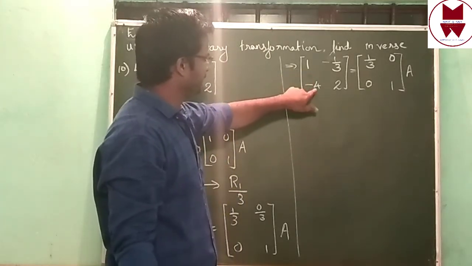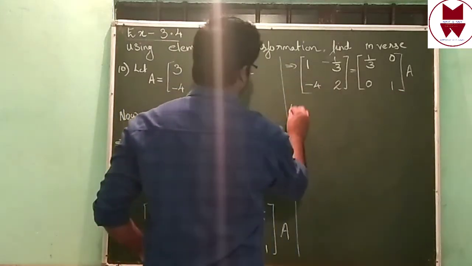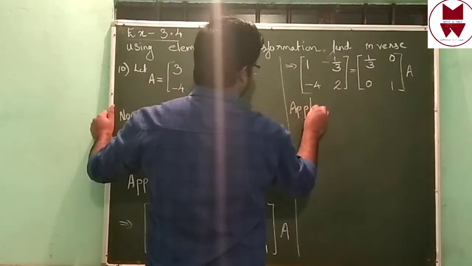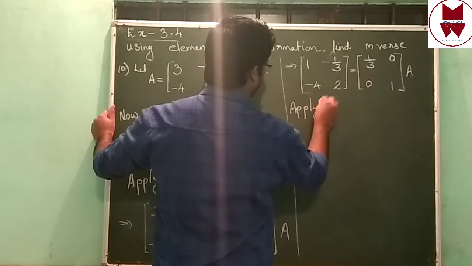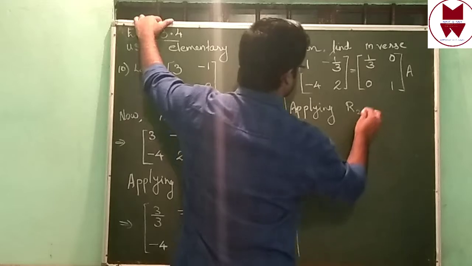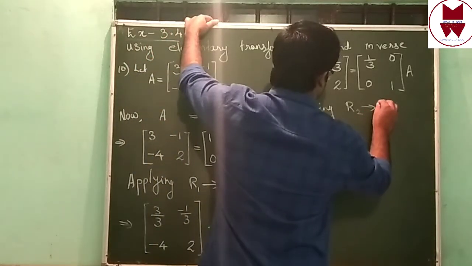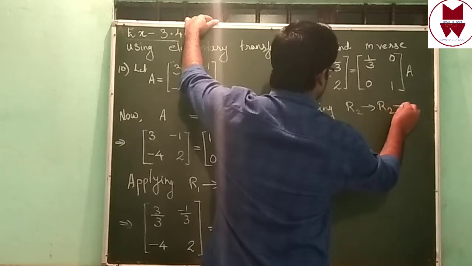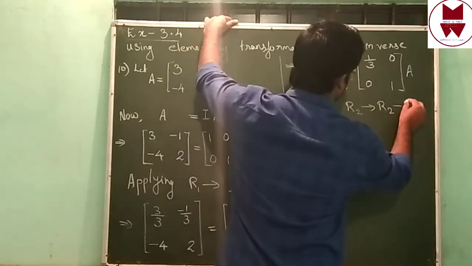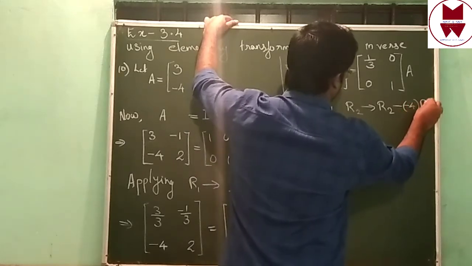The next step: here we have to make 0. That is the second row, applying R2, we are going to change R2. That is R2 minus minus 4 into R1.